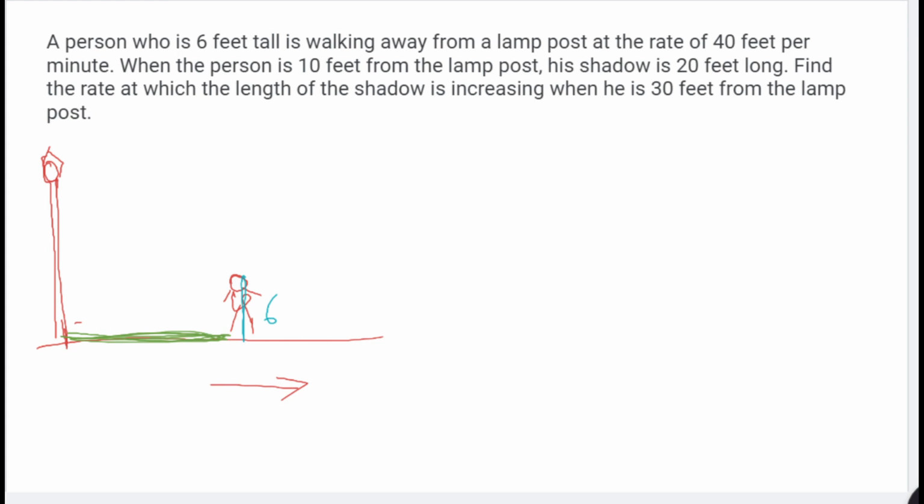So for now, let's call this x. So we know he's walking away from the lamppost at the rate of 40 feet per minute. So x prime is increasing at 40 feet per minute. That's how fast he's walking.